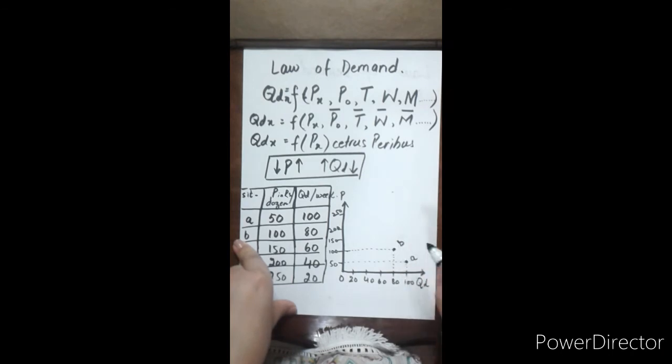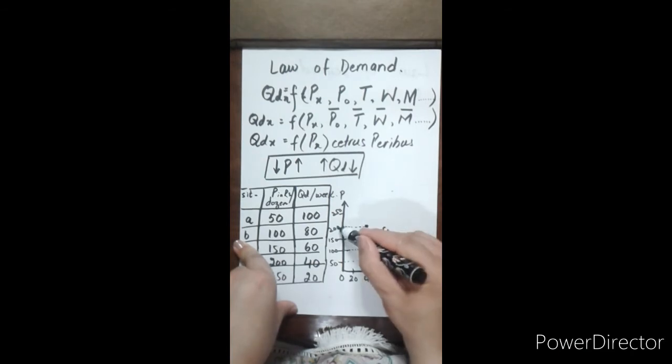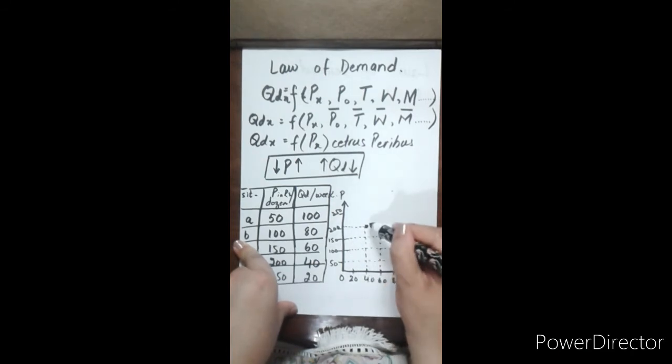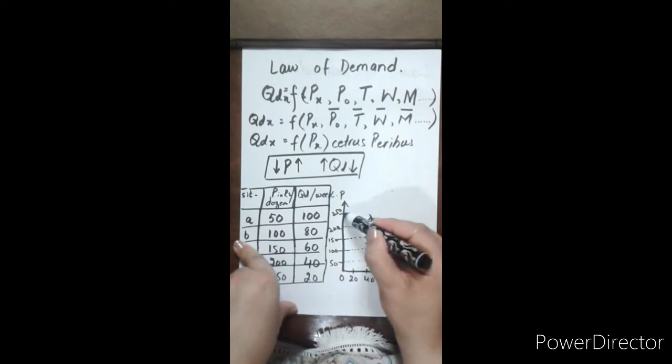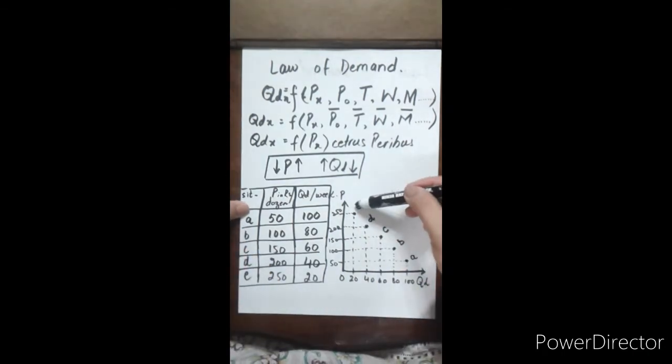Situation B. Again, when price rose to 150, people dropped their demand to 60. Scenario C. When price rose to 200, demand further fell to 40, scenario D. And the final one, at 250, the demand fell to 20 dozen eggs per week. This is E. Okay, so these are all my scenarios.